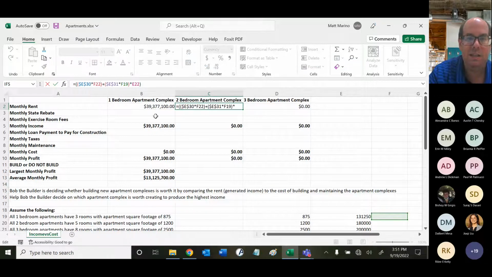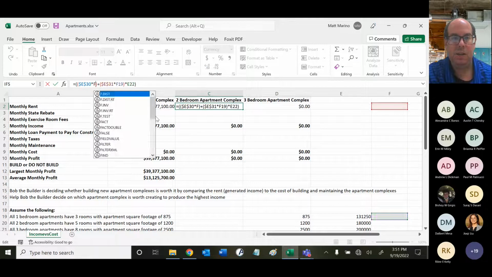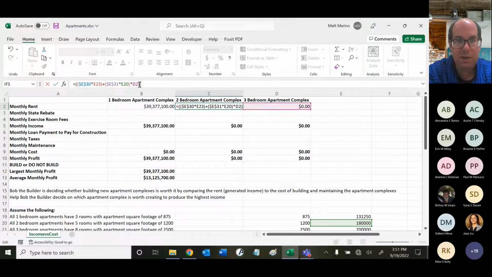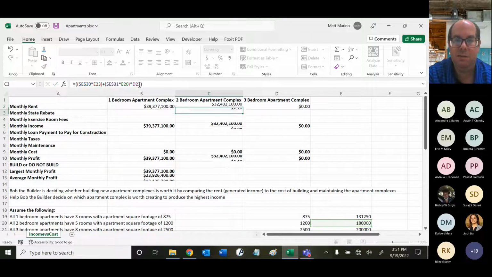So click in cell C2 and change the F22 to E23. Change the F19 to E20. And change the E22 to D23. And then when you click enter, the 0 turns into an actual number.